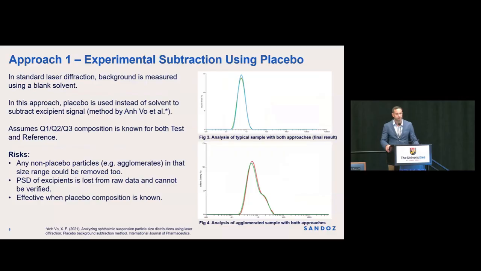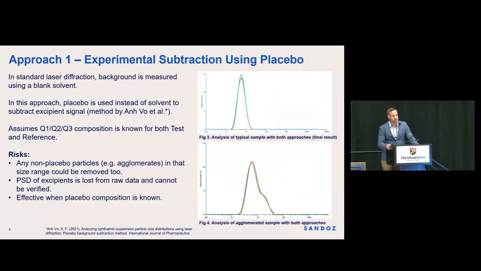Two approaches. First, I would just like to explain the right part of the slide, because it will be the same for the next slide. On the top, what you see is an overlay of one typical sample using approach 1 here and approach 2 on the second slide. So this is what we would typically see when the production process is giving us robust product.